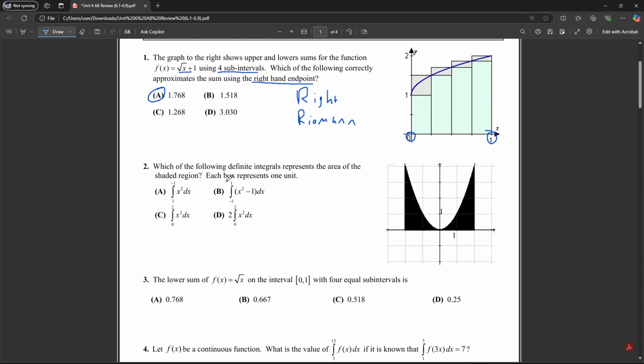Alright, which of the following definite integrals represents the area of the shaded region? Okay, so first it goes off by 1, 2, -1, -2. So we know it's going to be from -2 to 2, and then we don't know the function, so I'll just say f of x.